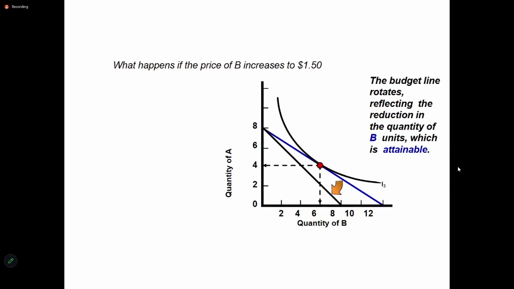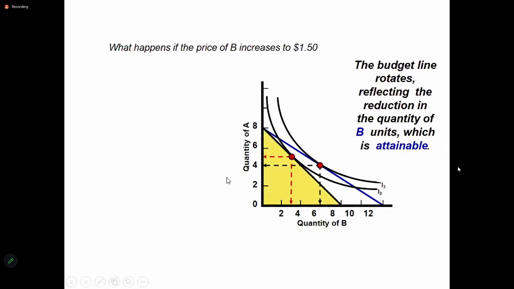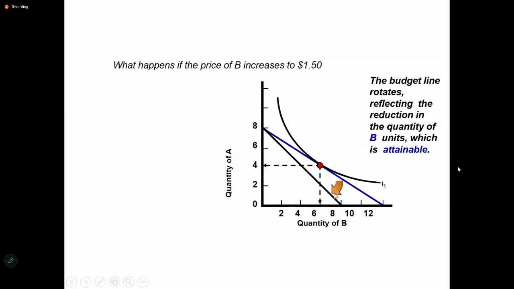Don't use the word shift, use rotate. The budget line rotates from here to here because income is fixed. Shifting occurs when income changes.